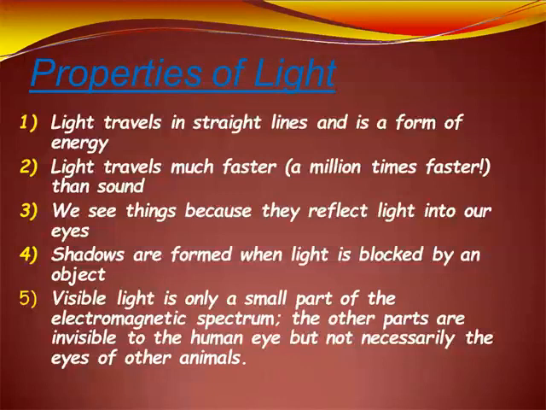The other parts are invisible to the human eye, but not necessarily to the eyes of other animals. The image we can't see, other animals can see. So it is very interesting. We will talk later about the structure of the human eye also.